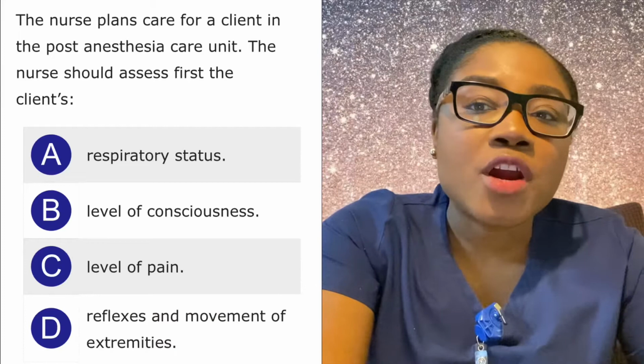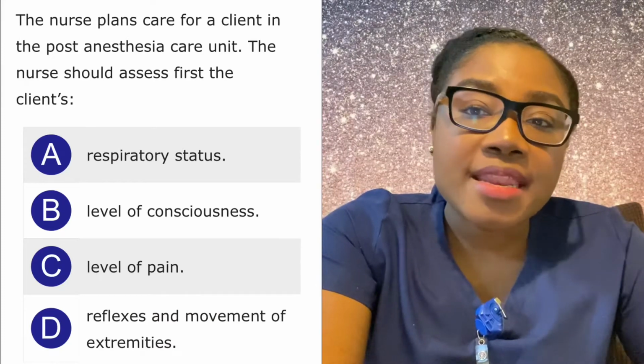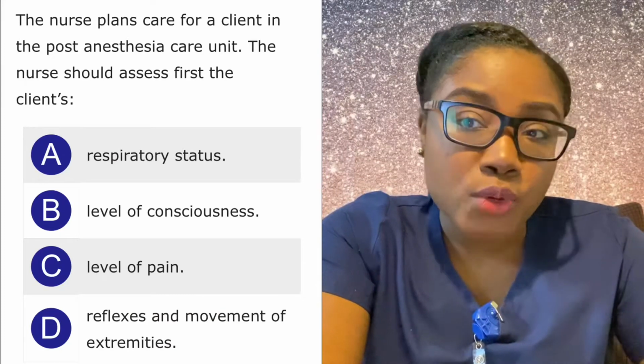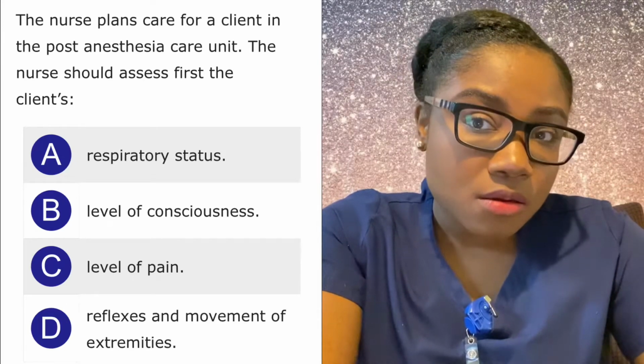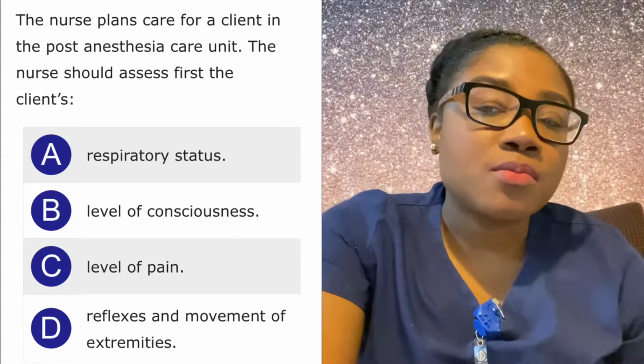So to end this video, I'm just gonna do one question with you. Priority question. The nurse plans care for a client in the post anesthesia care unit. The nurse should assess first the client's. Okay, so how do I know this is a priority question?